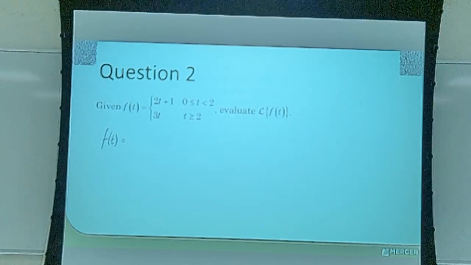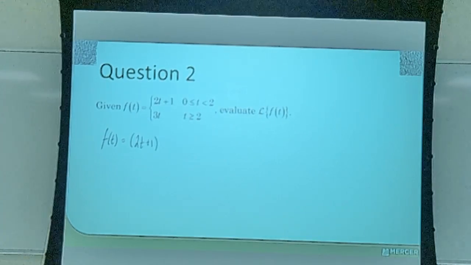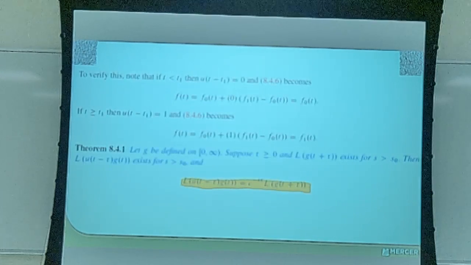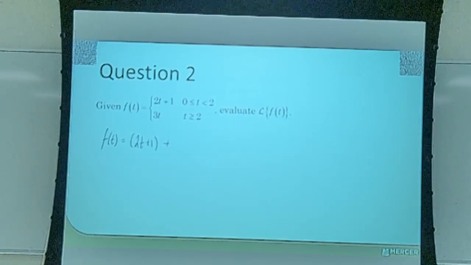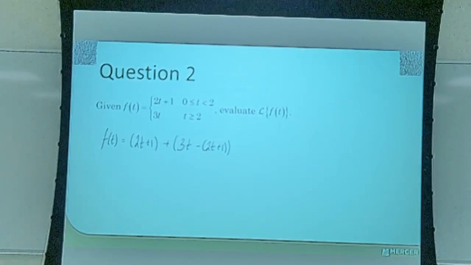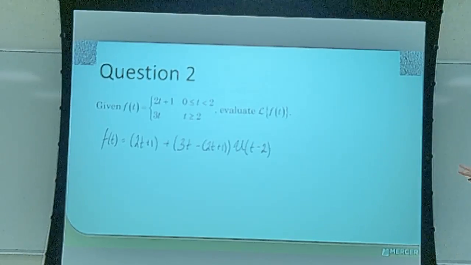F naught, should be plus, sure, yeah, plus F1 minus F naught, all times the unit step function, evaluated at t minus the cutoff point, which is 2.